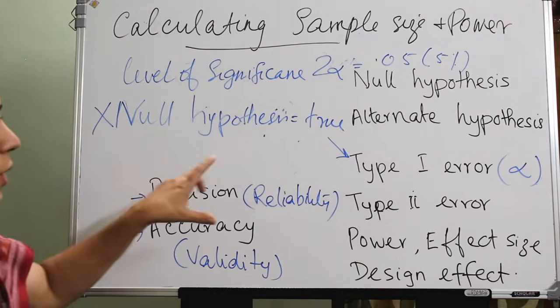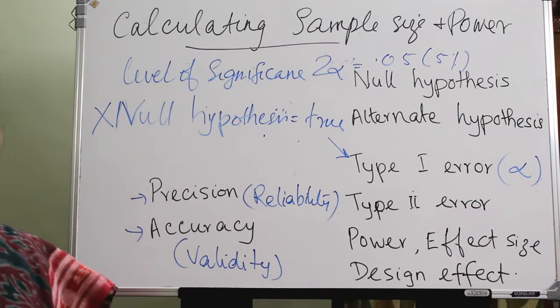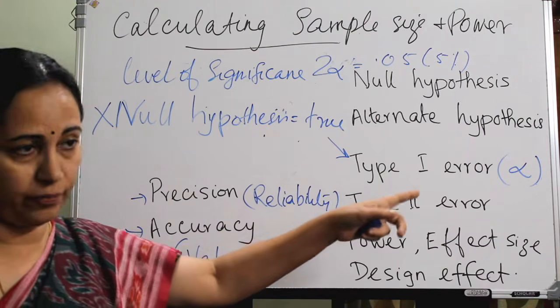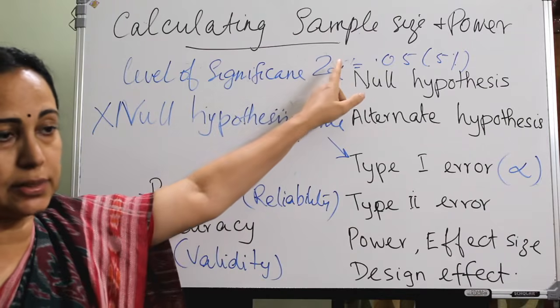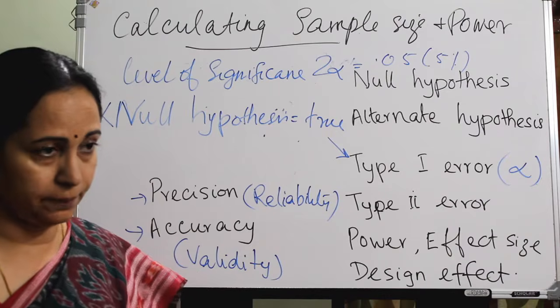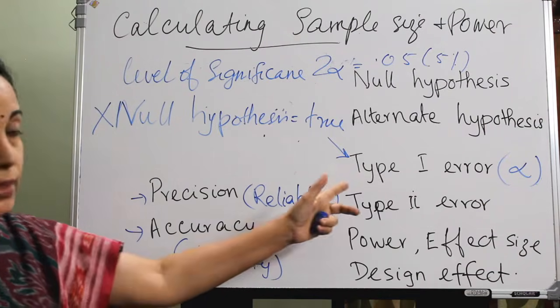Okay, so an investigator rejecting a null hypothesis when it is actually true in the population is type 1 error or alpha error, and the level of significance usually is Z alpha, which is 0.05 or 5%. And the sample size is inversely proportional to type 1 error.